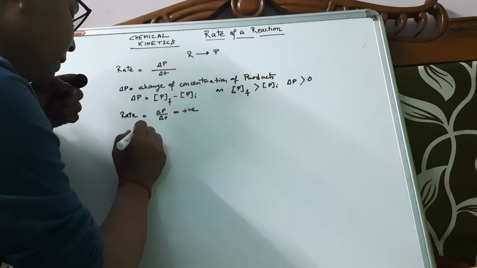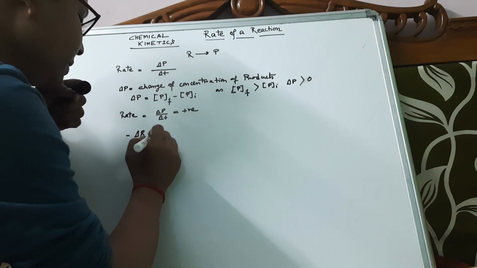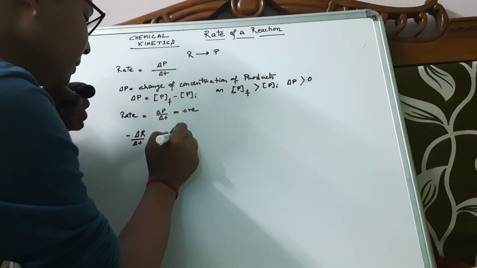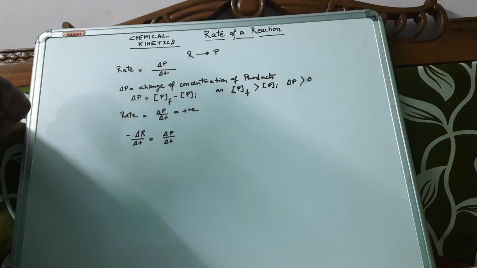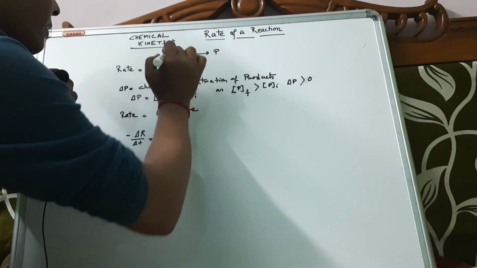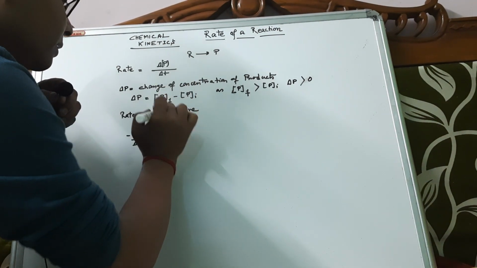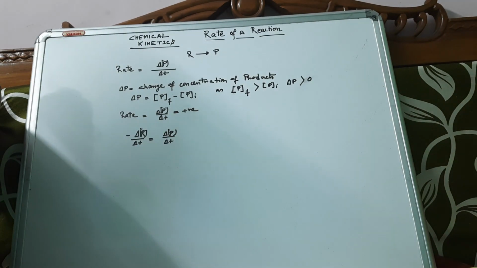Therefore, we can say that minus delta R by delta t should be equal to delta P by delta t. Actually, take the concentration in third bracket.